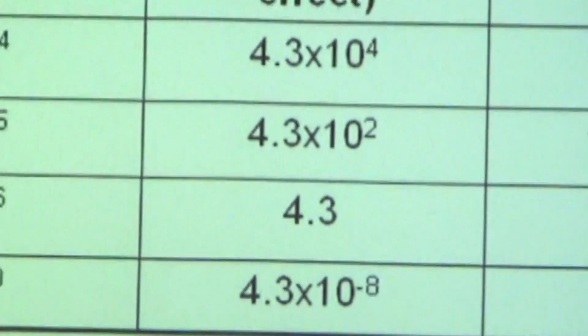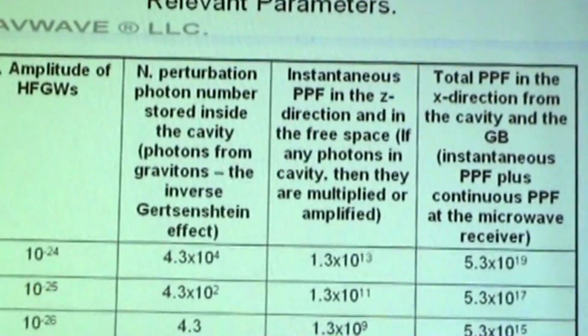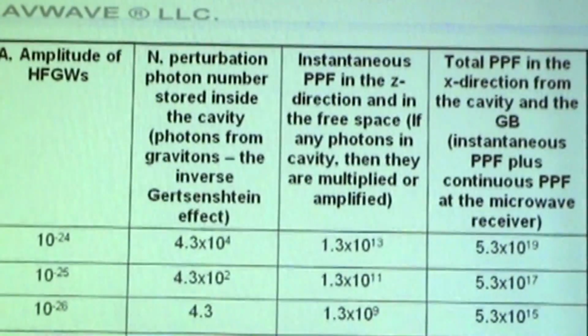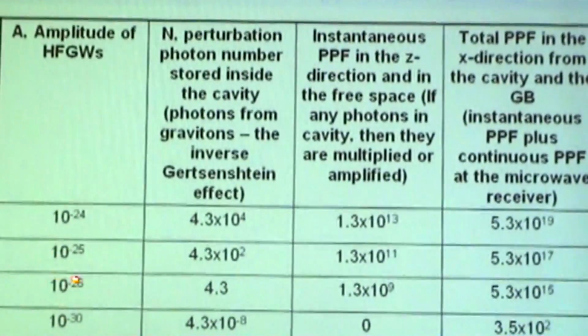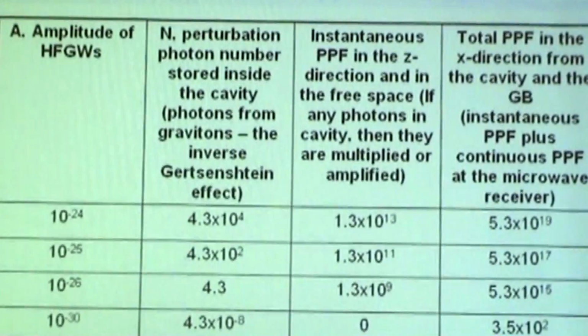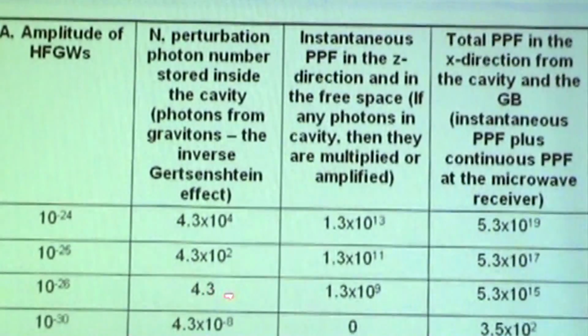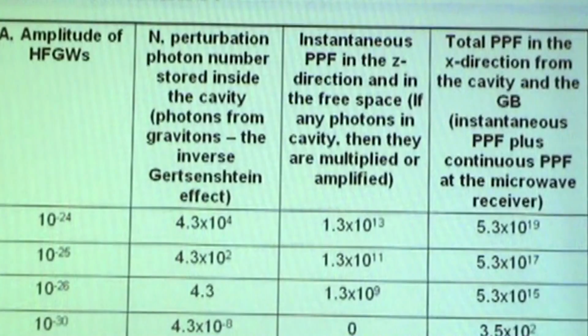As you suppose that the amplitude of the gravitational waves reduces, it goes down, down, down. These numbers dramatically drop. Here, you only have one that is produced. That's about the littlest you can have, about 4. I think it's in this area. You've just got a couple of them there. Because they resonate back and forth in this cavity, they then lead to about 5 times 10 to the 15th photons.